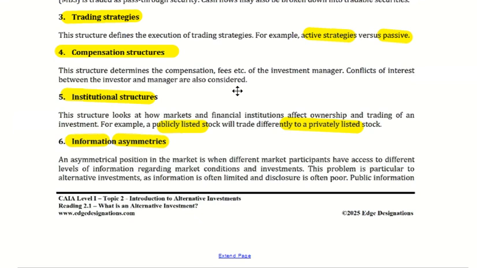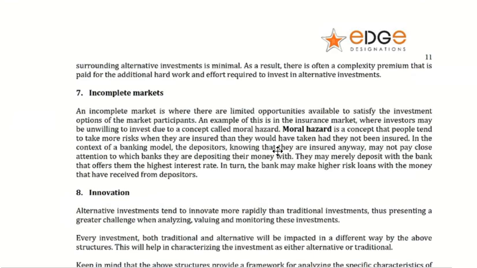So information asymmetry is when you've got a particular market, and the different market participants have access to different levels of information regarding that investment. And that's often the case, particularly with an alternative investment like real estate. Not everybody knows the same thing about the particular product, and in fact there's probably not a lot known about the property in and of itself.